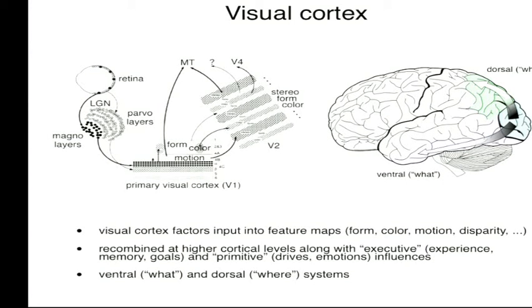So you may have a map that takes stereo and motion and puts them together or compares them to each other, or form and color and compares them to each other. And so as you go higher and higher up in the visual cortex, you get more and more of this comparison and reconstruction in some sense of what's out there in the world.